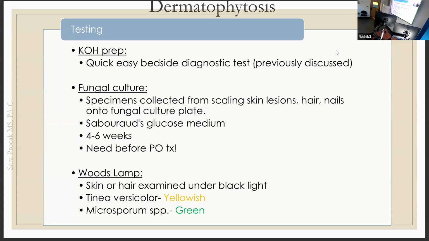Once you start to see growth, you take your vial and send it off to the lab, and they look at it and tell you exactly what's growing from it. Now I have up here that you need to do this before any kind of PO antifungal treatment. That's just because that's what the textbook says. But nobody really waits for the culture to come back.